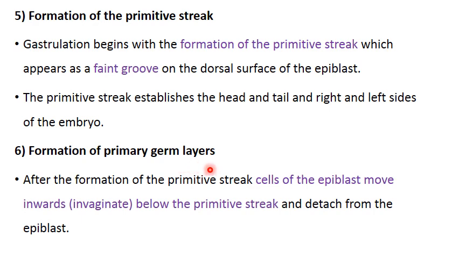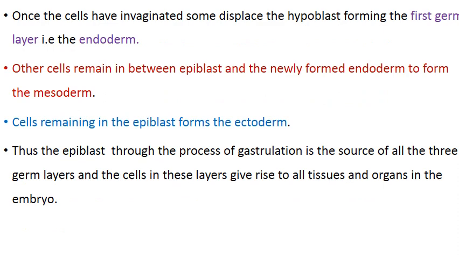So where this primitive streak is present, that means where this groove is present on the dorsal surface of the epiblast, cells of this epiblast are going to move inwards, and that is called invagination, and below the primitive streak, they are going to detach from the epiblast, multiply and divide, and as a result it is going to displace the hypoblast and form the first germ layer, that is the endoderm.